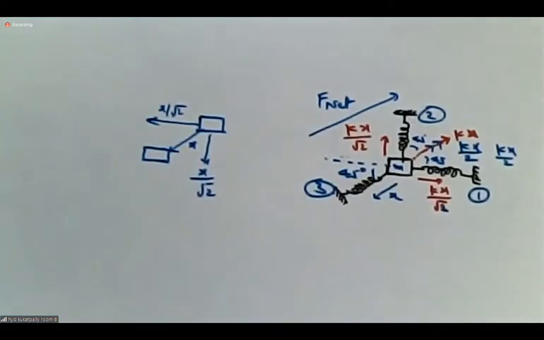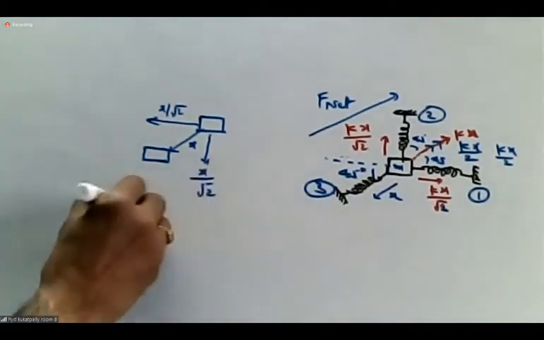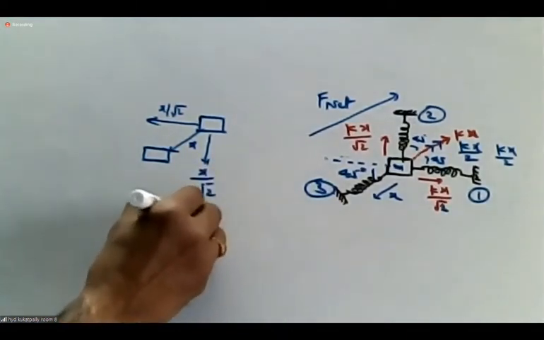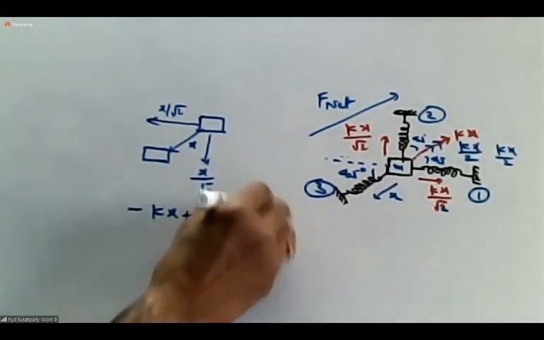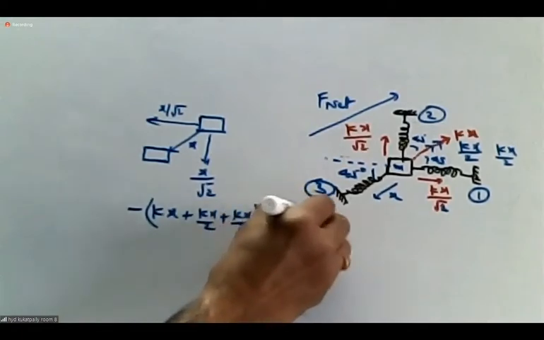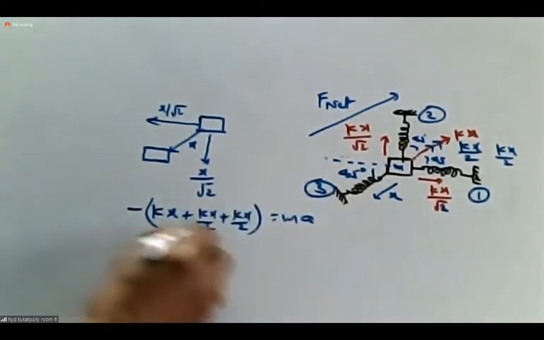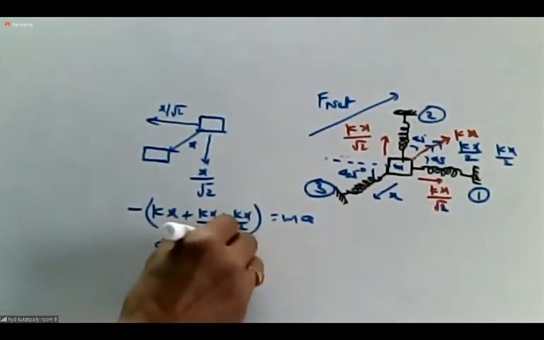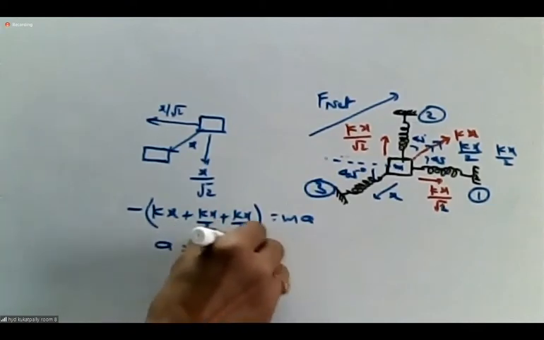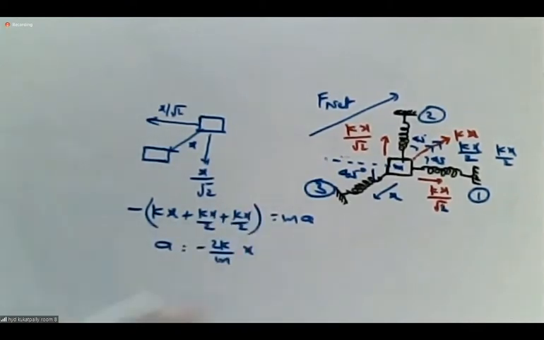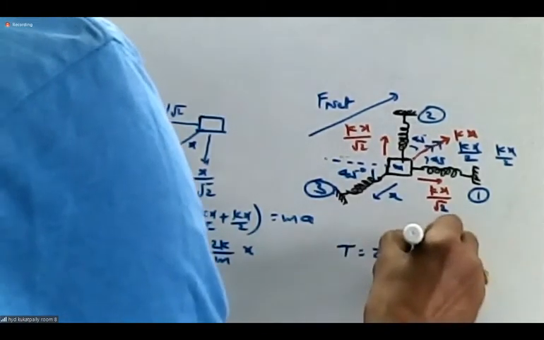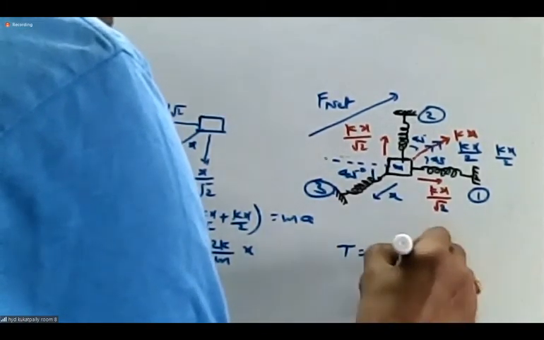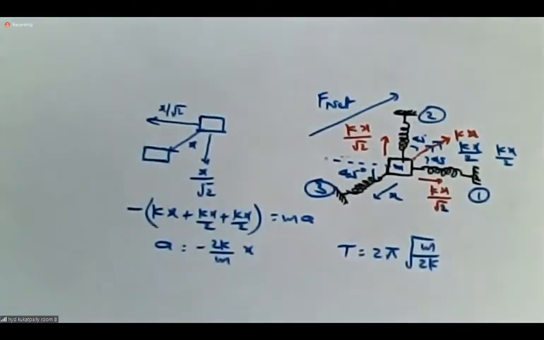Thus, net restoring force is minus kx plus kx by 2 plus kx by 2, which is equal to ma. So a equals minus 2k by m into x. Time period is 2 pi by omega, which is 2 pi root m by 2k. So check it.